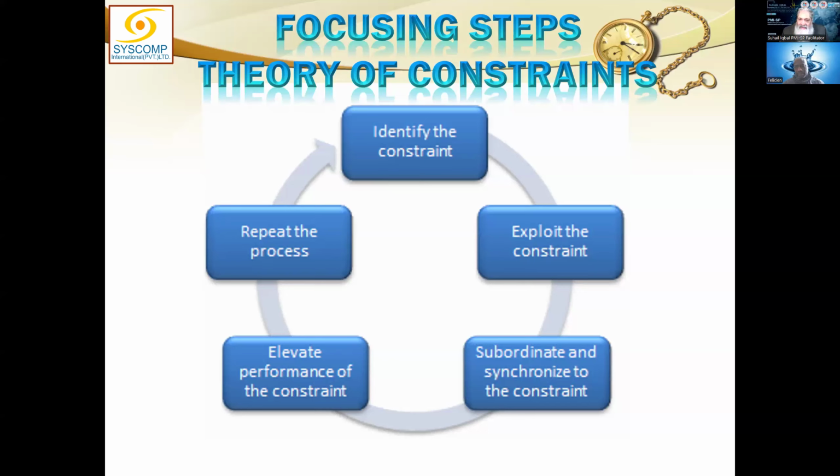If I enhance the first constraint from 10 to 50, still our whole production line cannot produce more than 20 due to the second constraint. You understand my point? Yes, sir. So I should elevate my first constraint to the level of my second constraint.